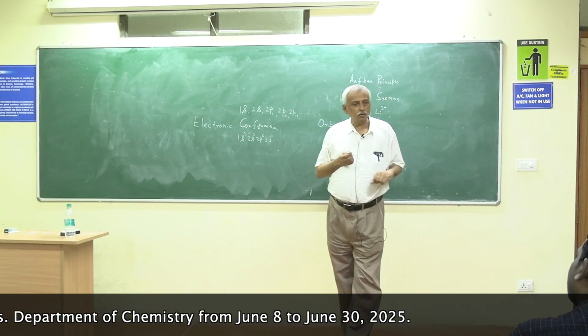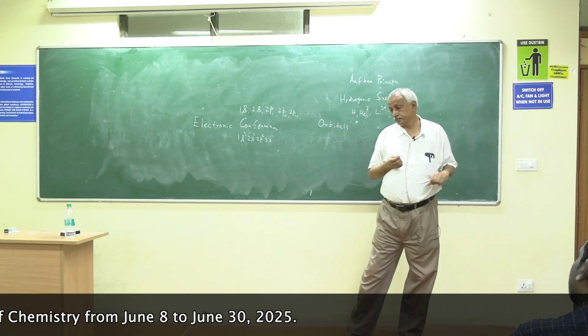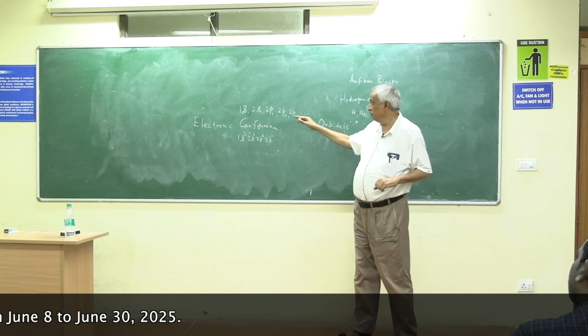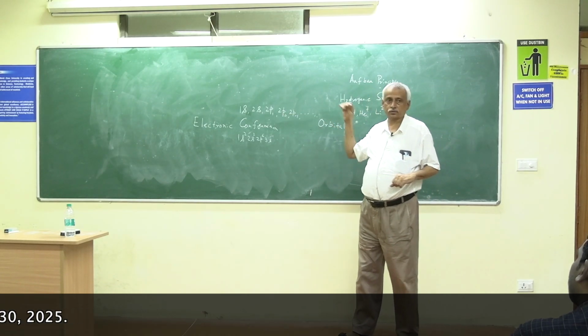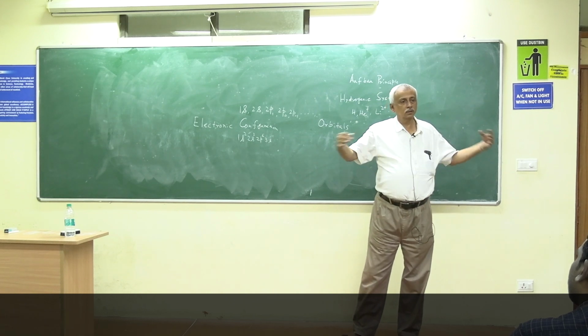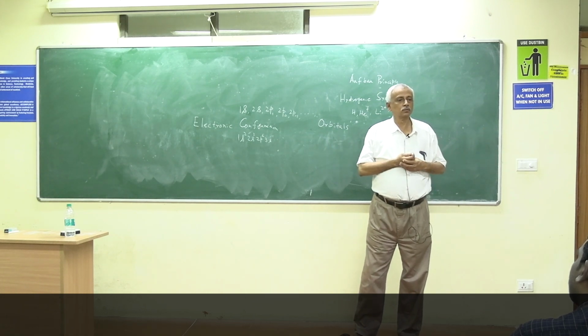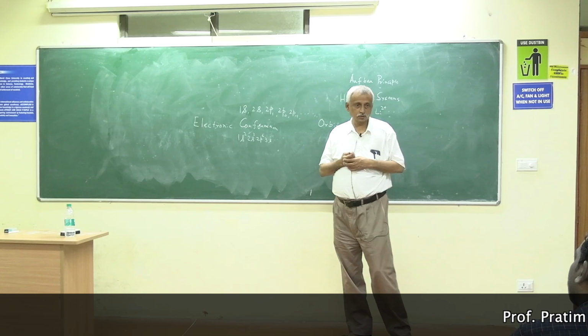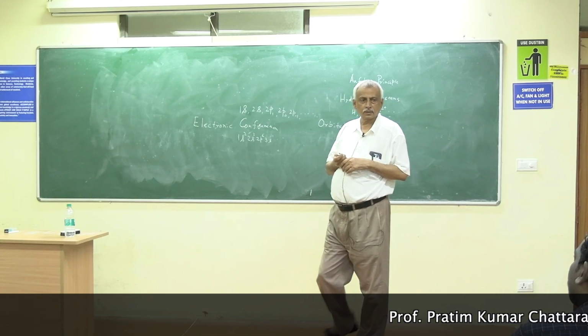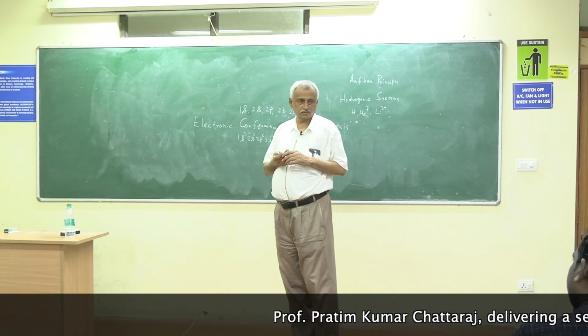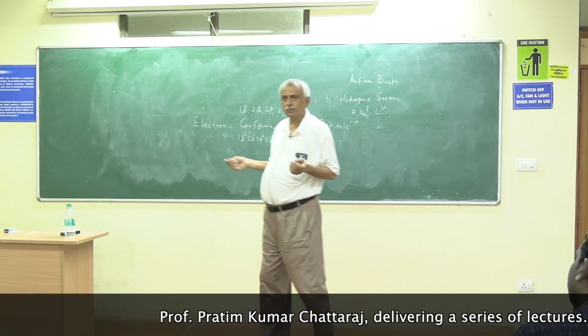Okay. So now here you can see that for many electron atoms or even many electron molecules, what exactly do you do? You have to resort to some approximate technique. There are several approximate techniques.